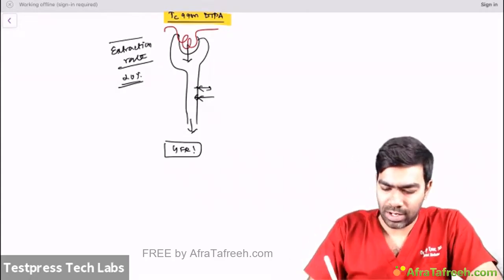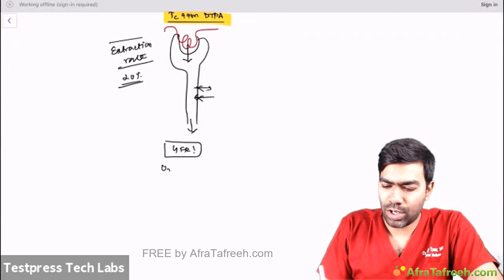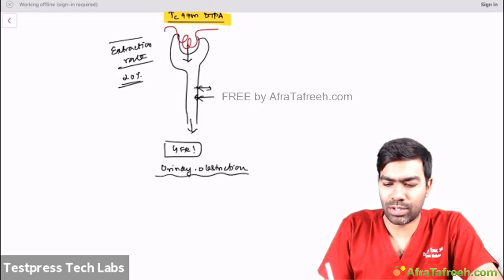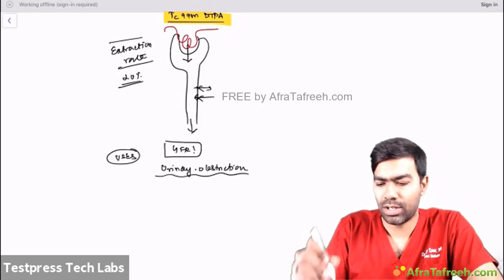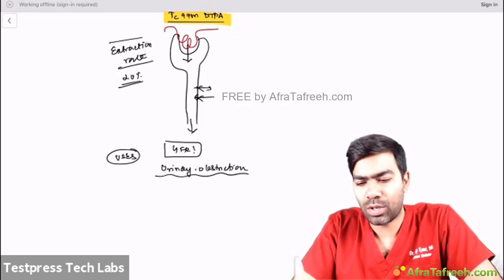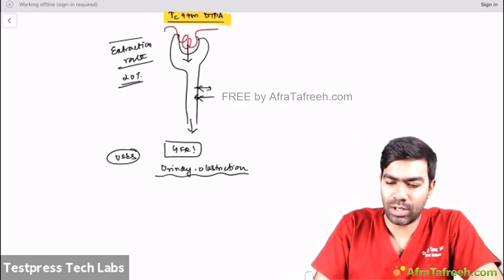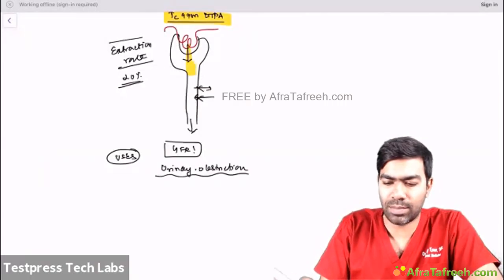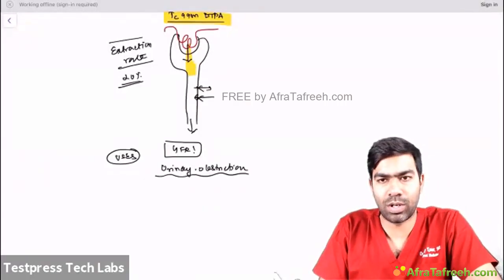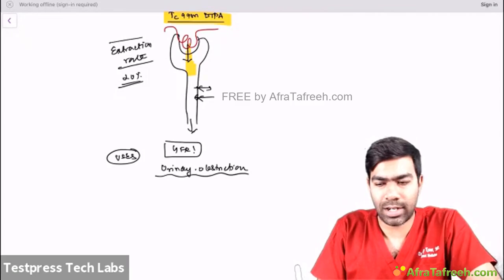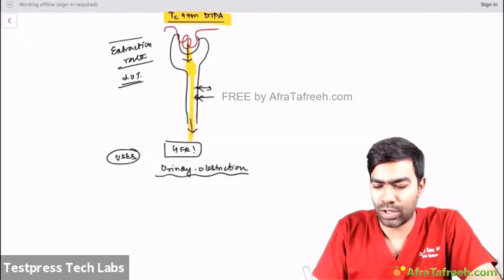So second area where DTPA can be used is for finding out urinary tract obstruction. How can you find out urinary obstruction here? These are the uses of this particular tracer. So how are you going to measure urinary obstruction based on this tracer, because we know very well that this tracer, once it comes into the tubule after glomerular filtration, is neither reabsorbed nor secreted, which means it should directly flow into the urine.